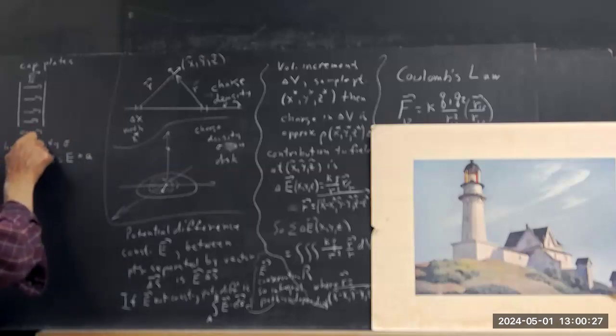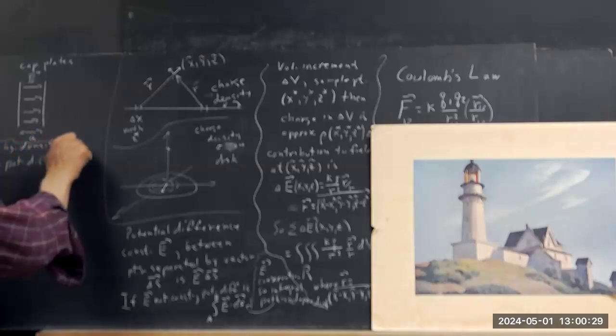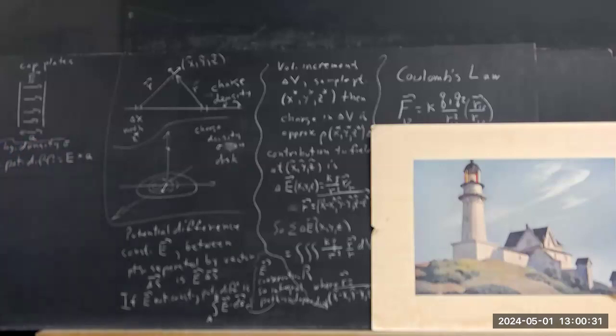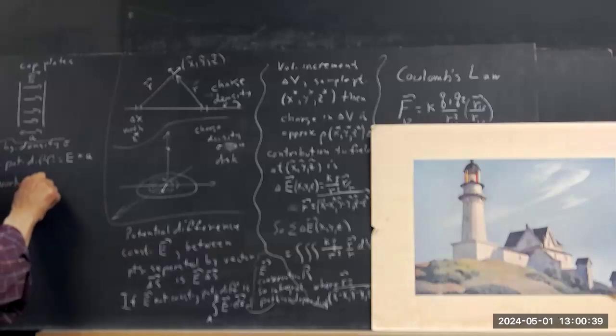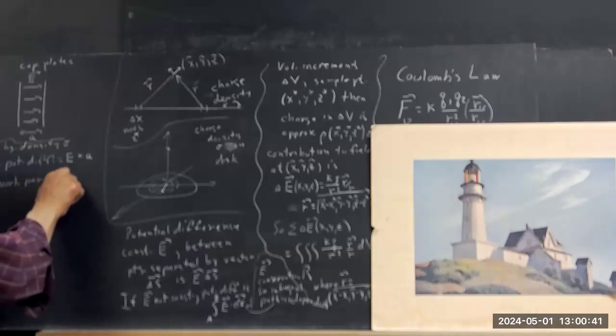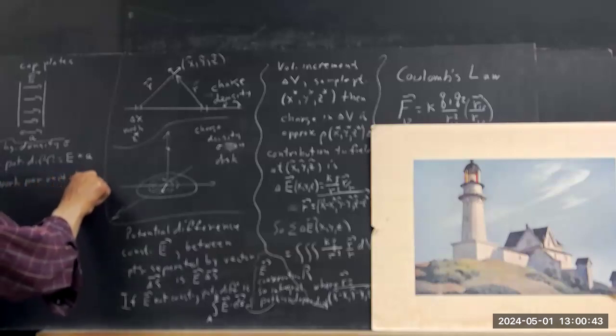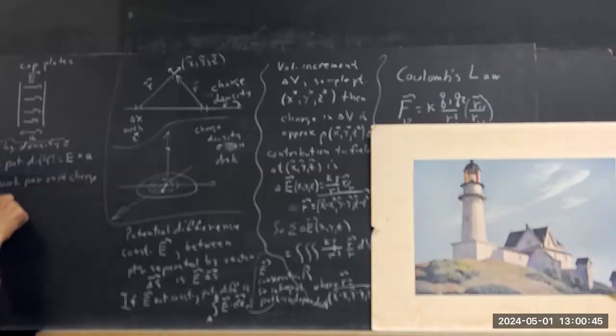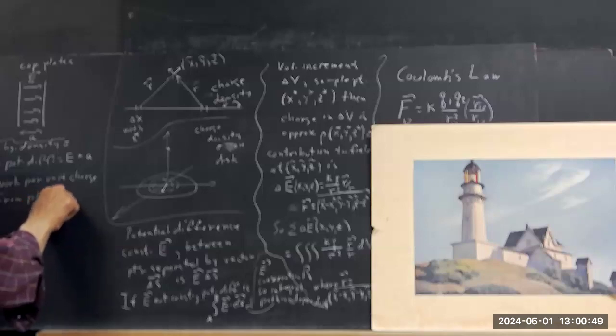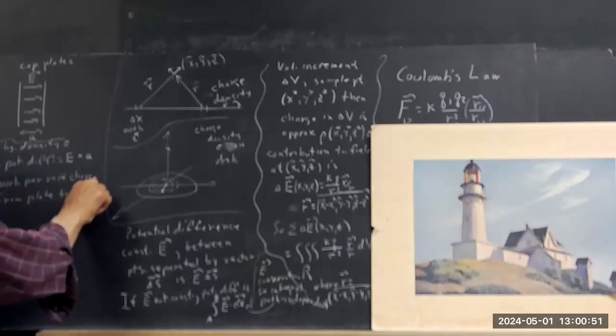If this separation is a, and I think that's a fairly commonly used term, your potential difference is E times a. It's work per unit charge, plate to plate.